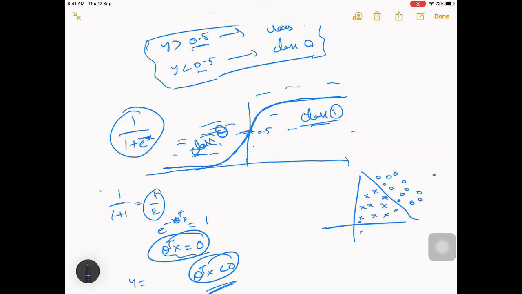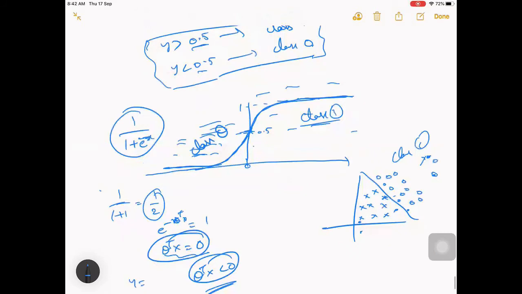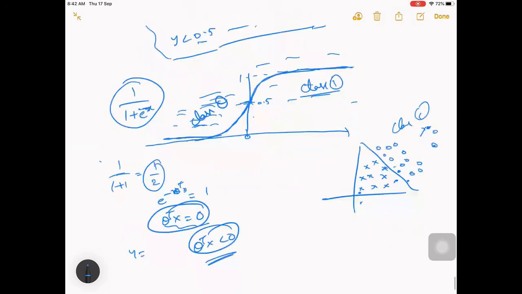When your probability is almost one, nearer to one, then your model is very confident that your value is in class 1. If your new point is lying somewhere here, you can be very sure that it is on the class 1 side. When it is somewhere here, you can't be very sure. You can say it is in class 1, but not with full confidence.